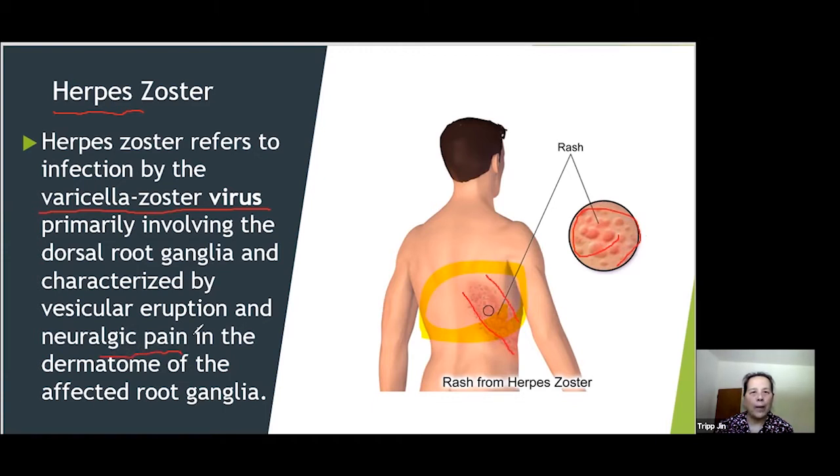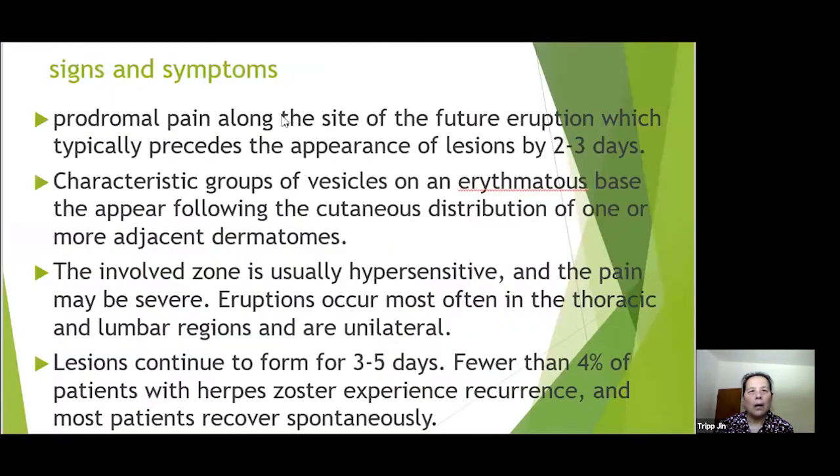That's basically the clinical symptoms. We say the symptoms and signs are mainly painful, painful along the nerve branch path. They can go to any part of the body, because nerve branches are everywhere.